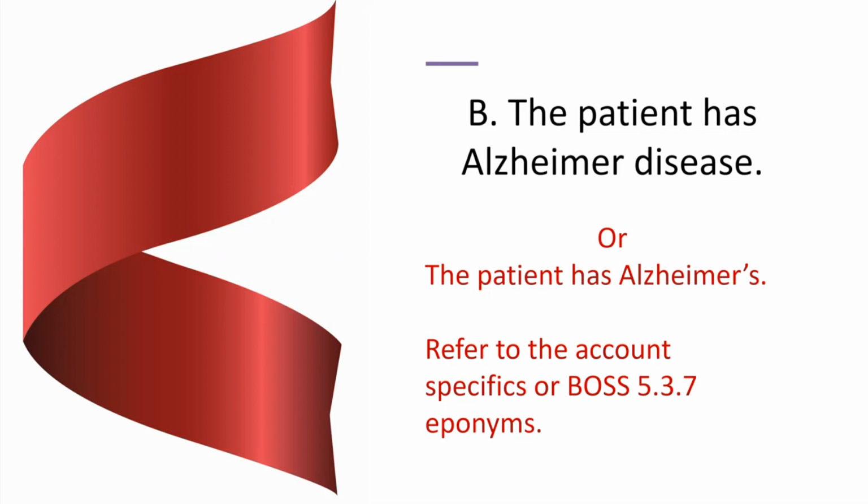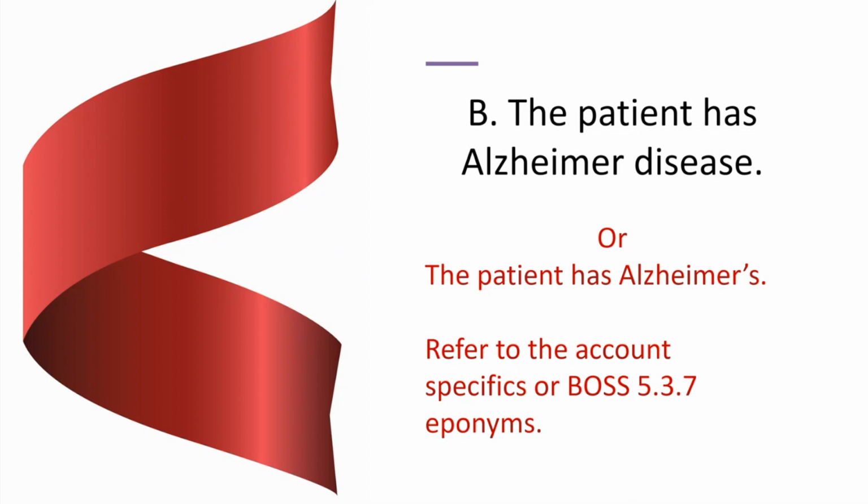We could say, though, the patient has Alzheimer's. Book of Style 5.3.7 has got some good information on eponyms that you're going to want to read. But like I said, here we have another eponym. Alzheimer's is named after Dr. Alois Alzheimer. So that's where we're always going to capitalize an eponym because it's named after someone.